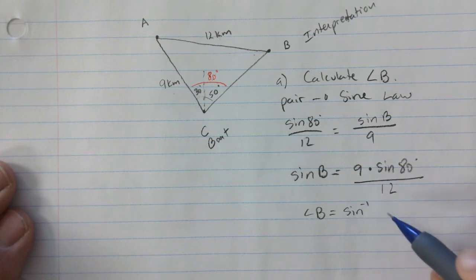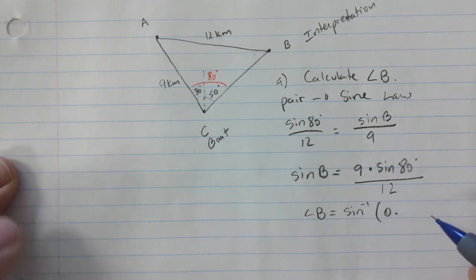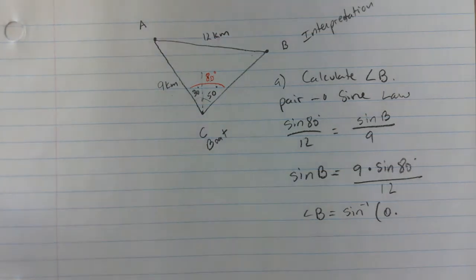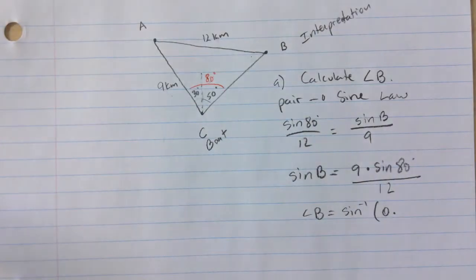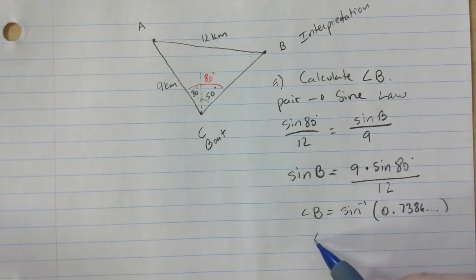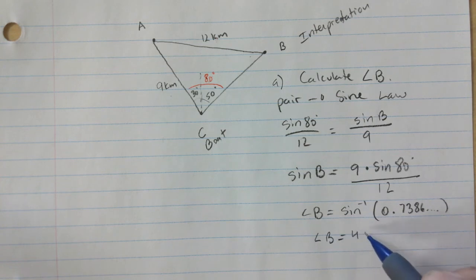We have to use the inverse, and it's going to be 0 point something. It is 0.7386, and it keeps going. Angle B is 47.61 degrees.